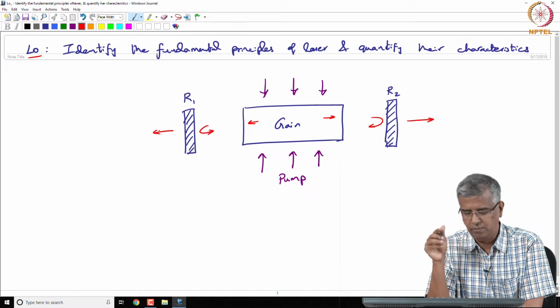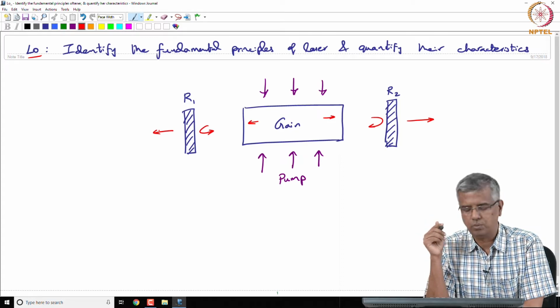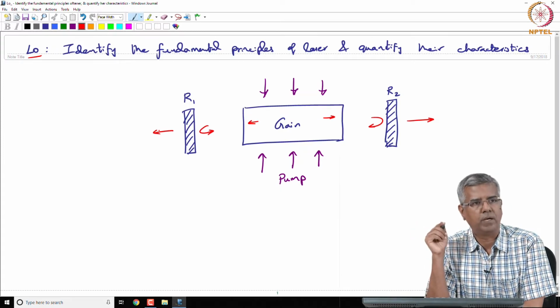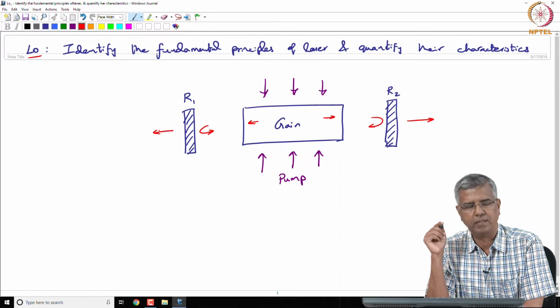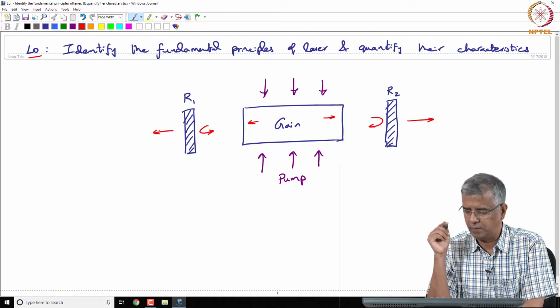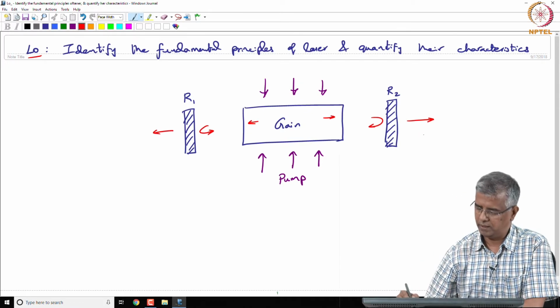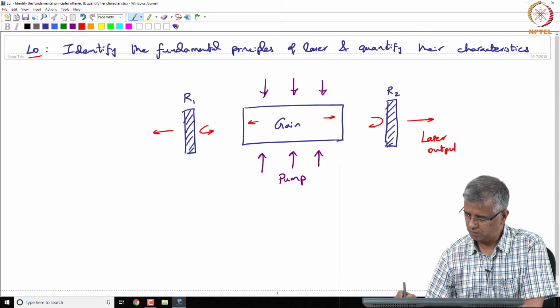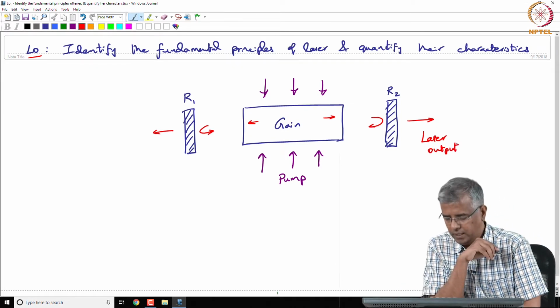So, there is very little light coming from that side, and R2, which is normally called as an output coupler, is something that is a partially reflecting mirror, which means that it will allow part of the light that is within the cavity to escape, and then you can get the laser output from this end, right.